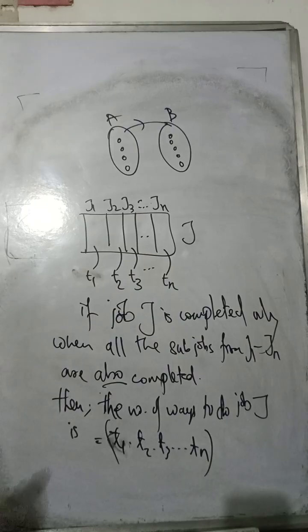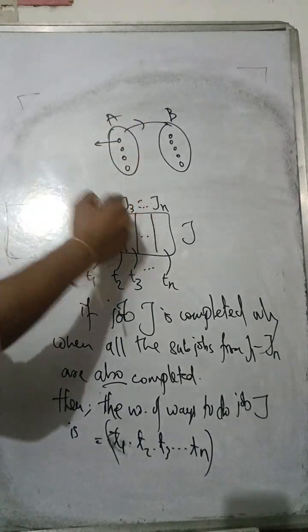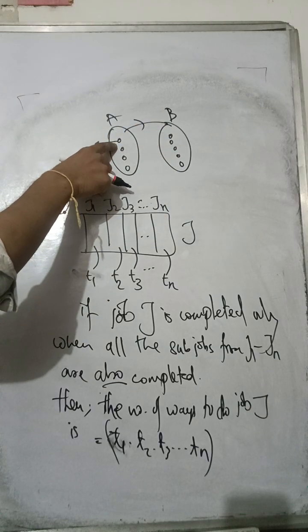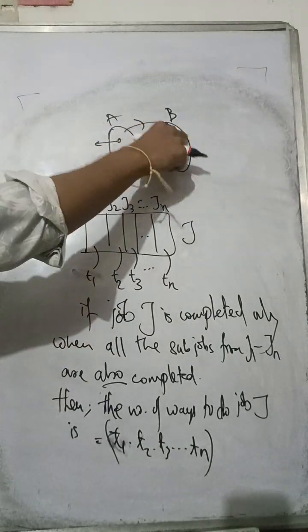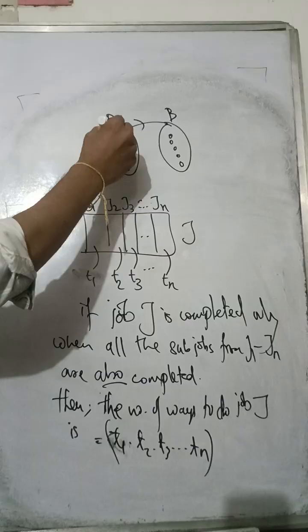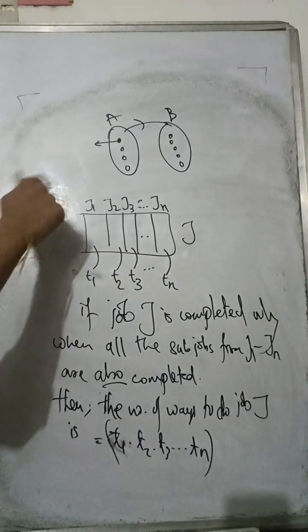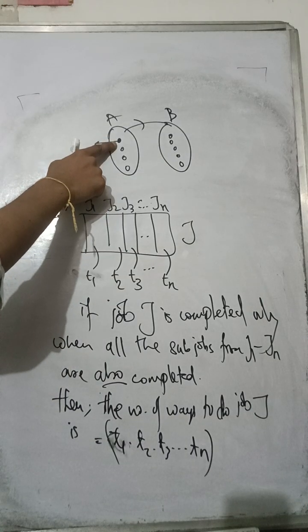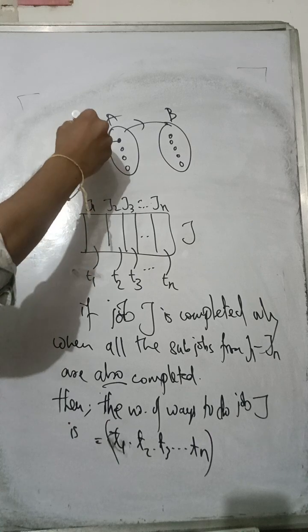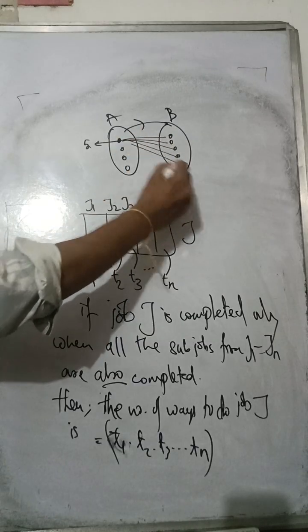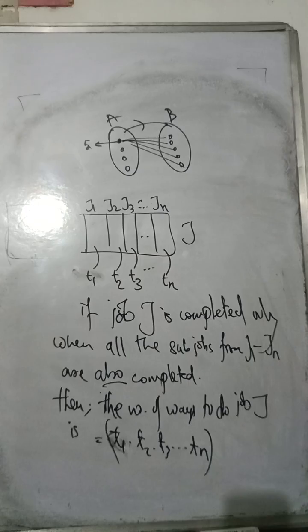Look, for this element, how many elements on the B set does it have a choice to map with? The answer is 5, because it can map with this, this, or this. It has 5 choices.